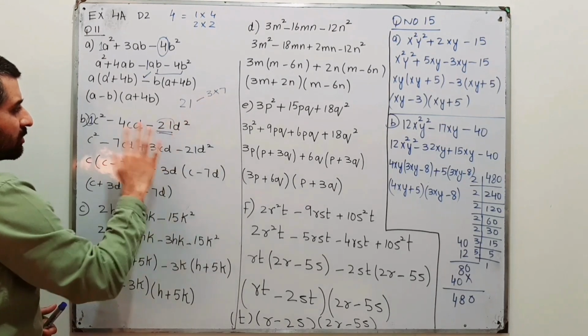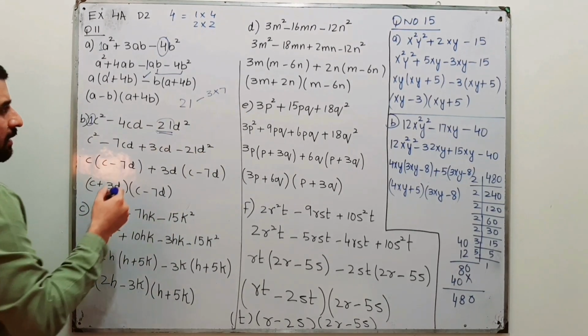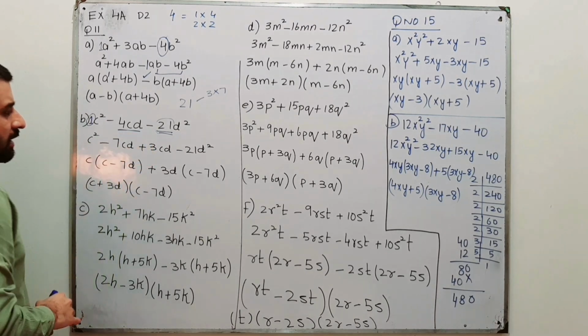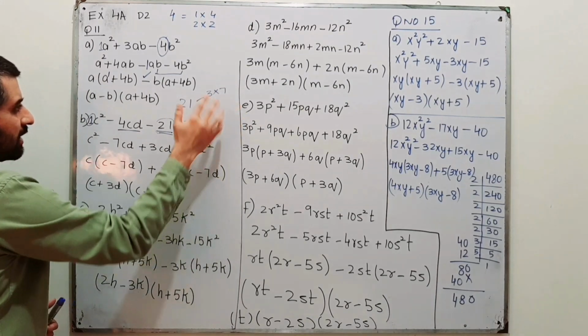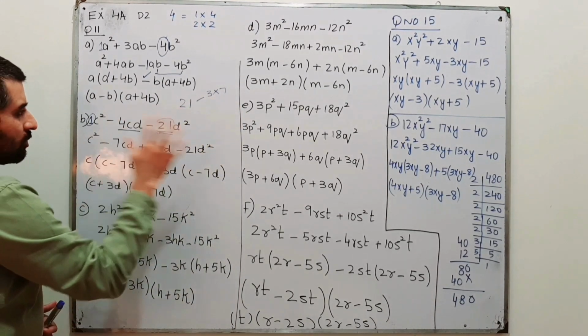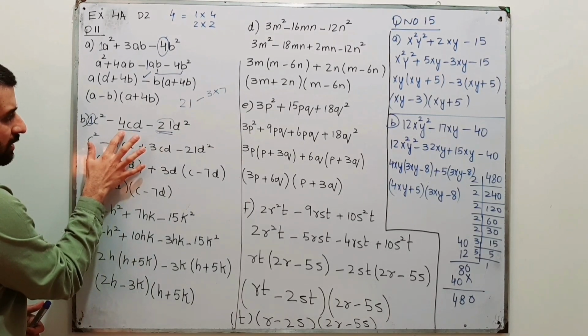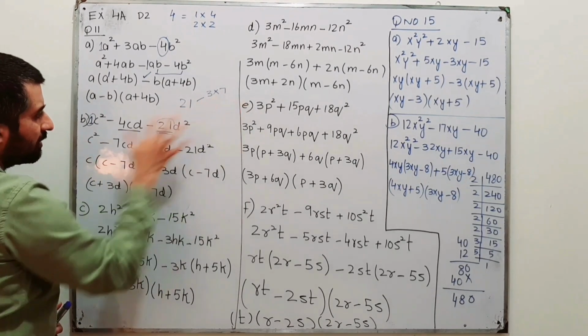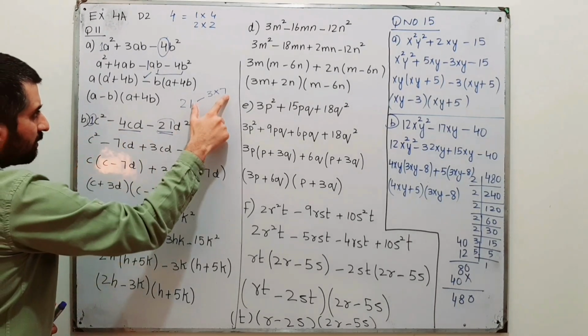Now 7 into 3 is 21, that is agreed, while 7 minus 3 is 4. Basically I have to look at this number, and add or subtract these factors of 21 by observing this number. If I want 4, then subtraction will give me 4, and because 4 is negative, the minus sign will be used with the bigger number.